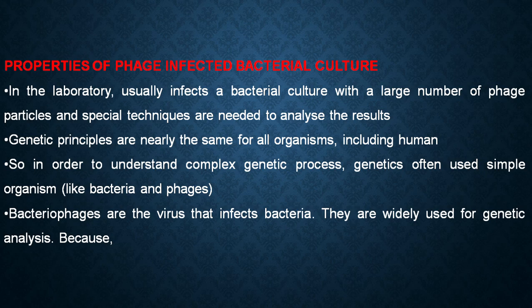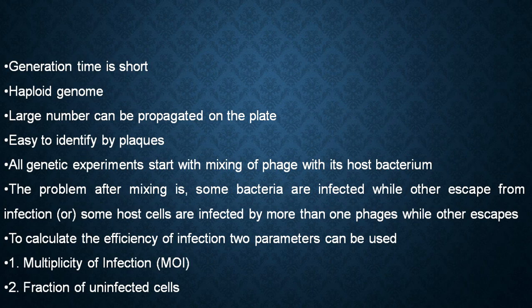So, in order to understand complex genetic processes, geneticists often use simple organisms. Bacteriophages, or viruses that infect bacteria, are widely used for genetic analysis because the generation time is short, the genome is haploid, large numbers can be propagated on a plate, and plaques are easy to identify.